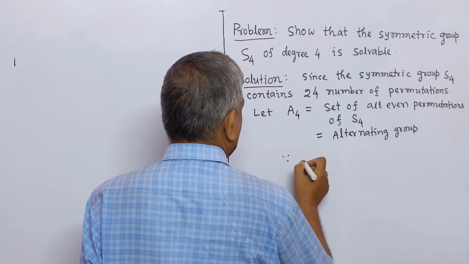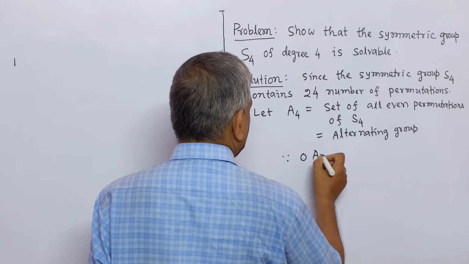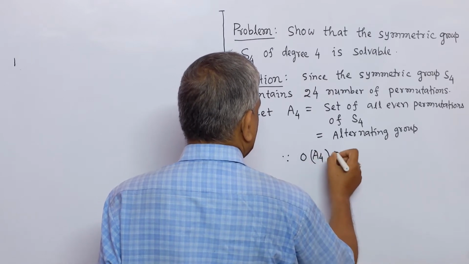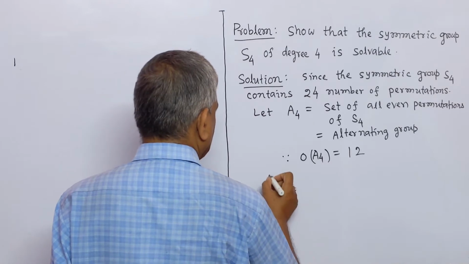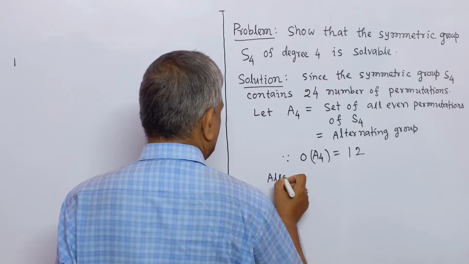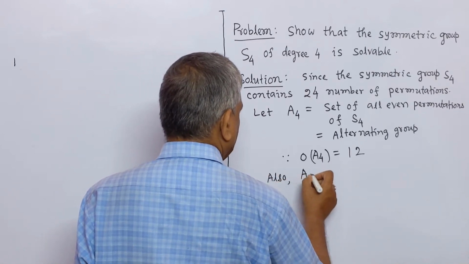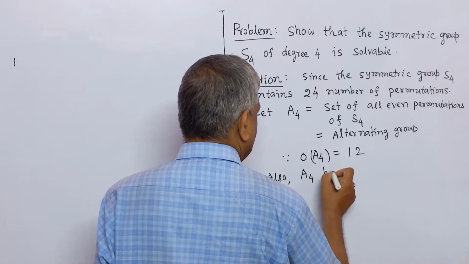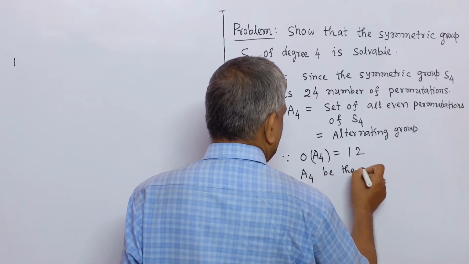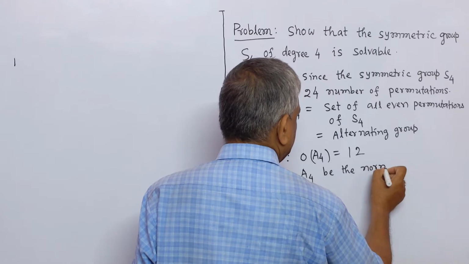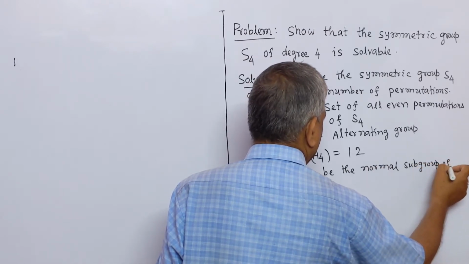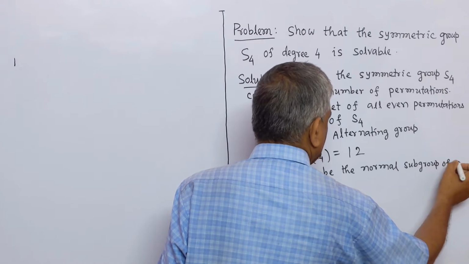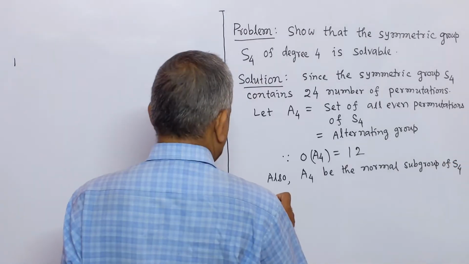Since the order of A4 is equal to 12, A4 is a normal subgroup of the symmetric group S4.